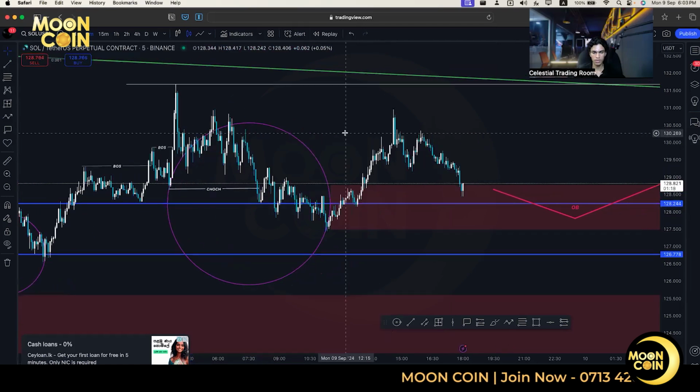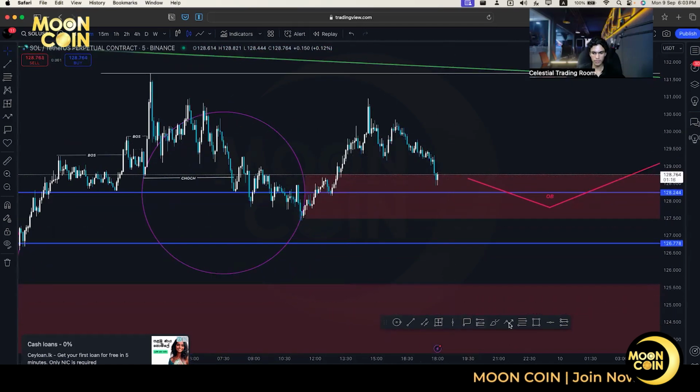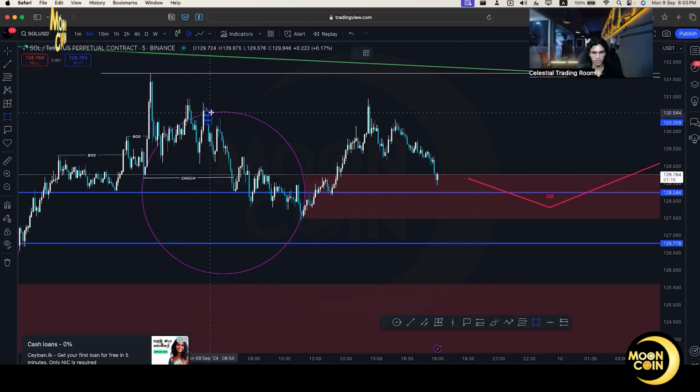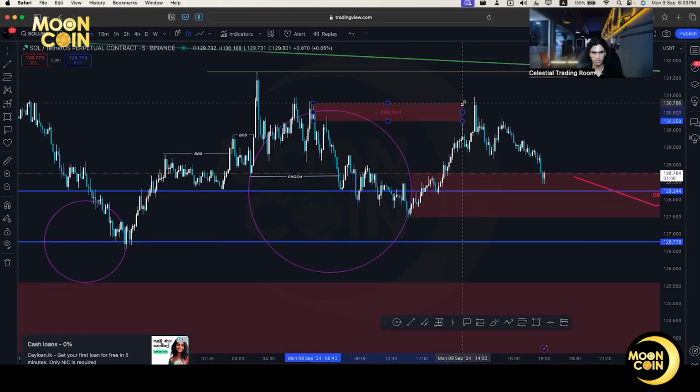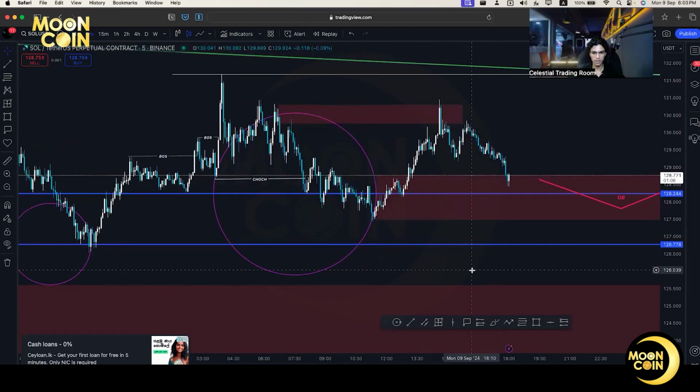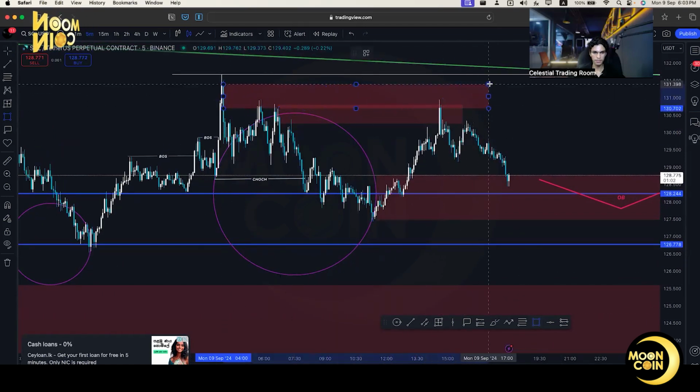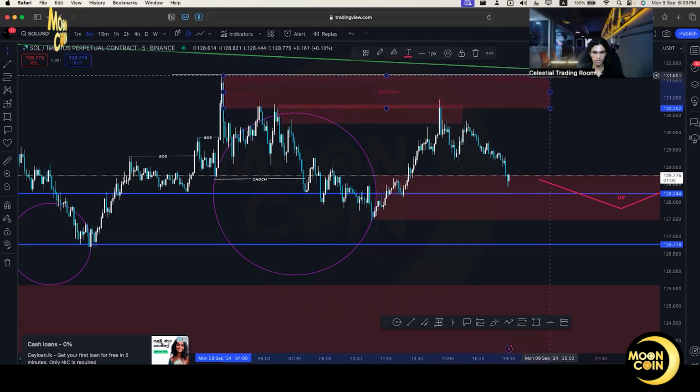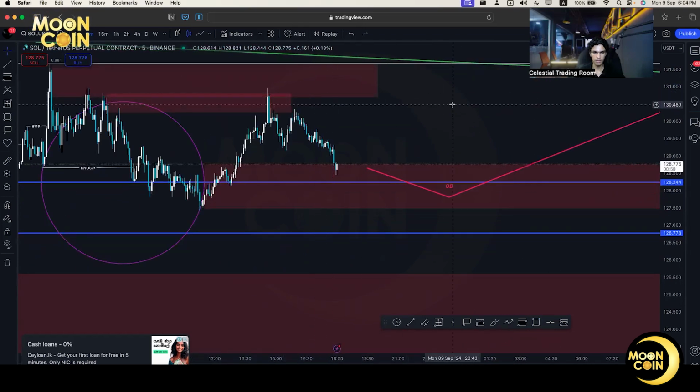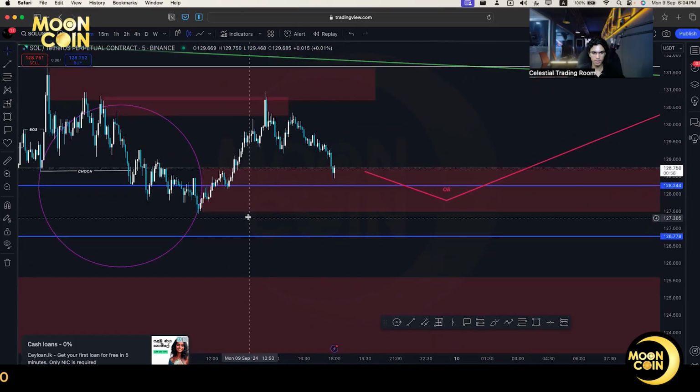Okay, now many of the SMC traders who analyze blindly will place their orders here in this zone, or else they'll place in this order block. Now what happens, their target is this zone, this area, or below that.